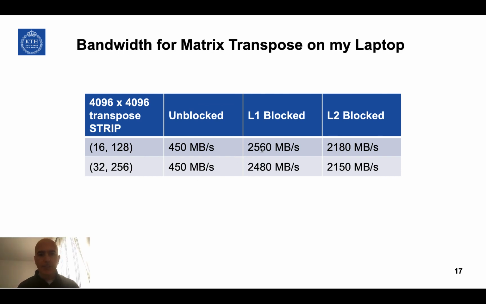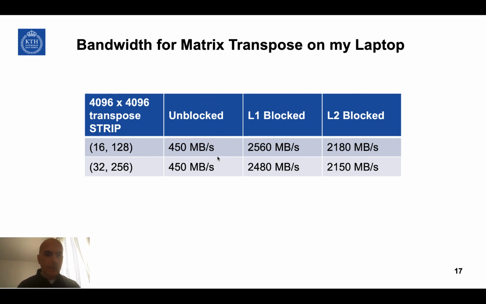I get 25 gigabytes per second. That is roughly 5 times the performance of the unblocked version. If I use a strip of 128 elements, I get a smaller performance.